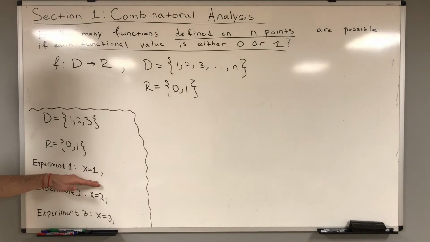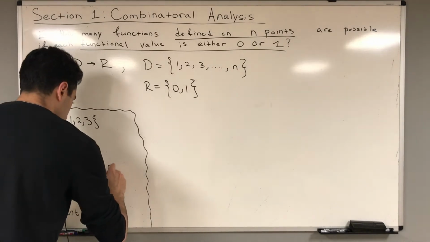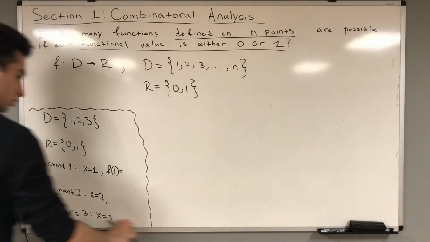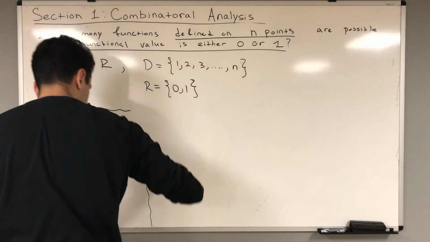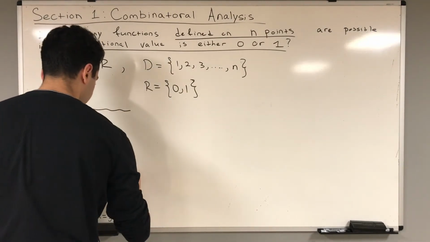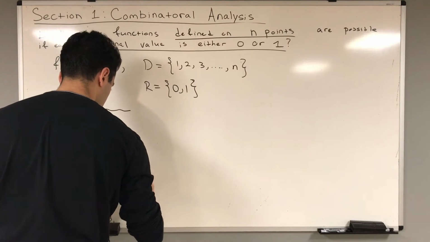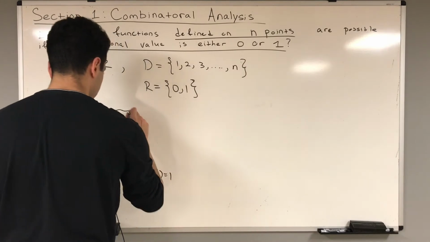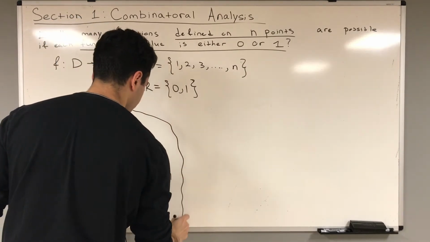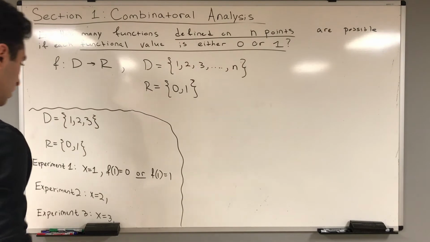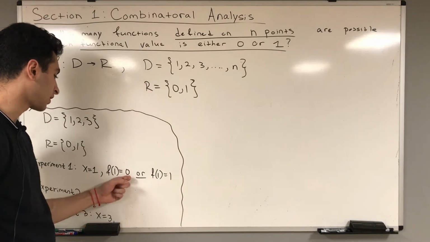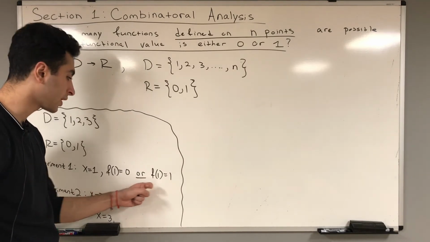So experiment 1, let's focus on this first. Well, f of 1, your function, can get either a 0, or it could get a 1, right? It cannot get both because that's not a function. So your function, when you input 1, can get either a 0 or a 1.